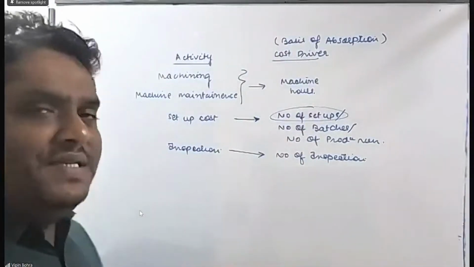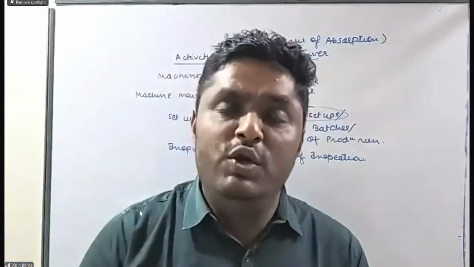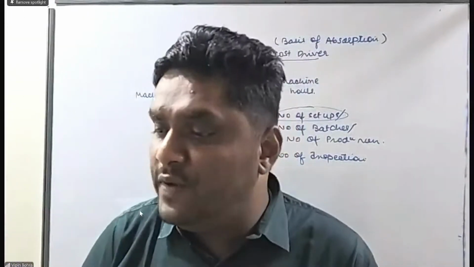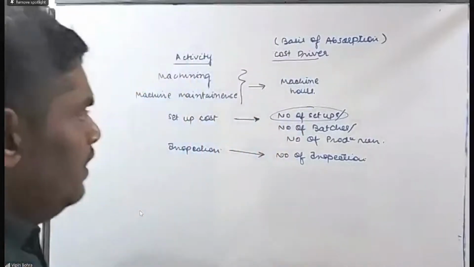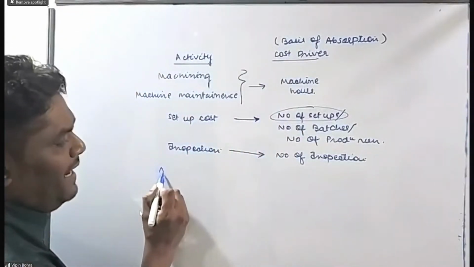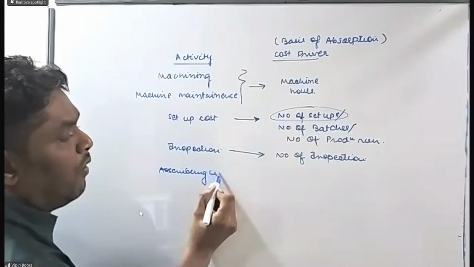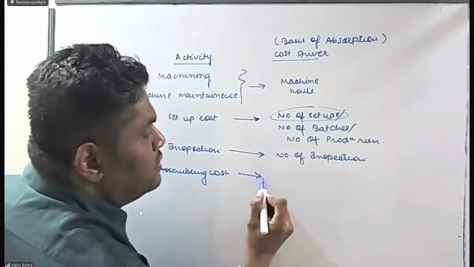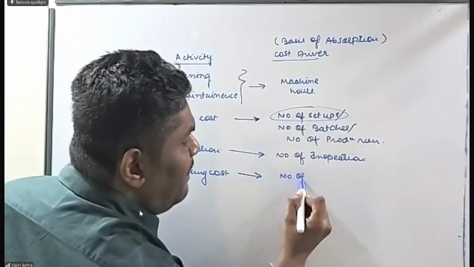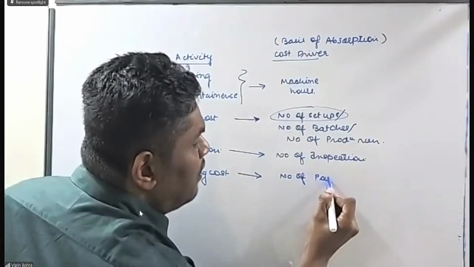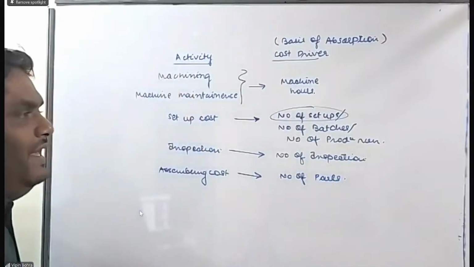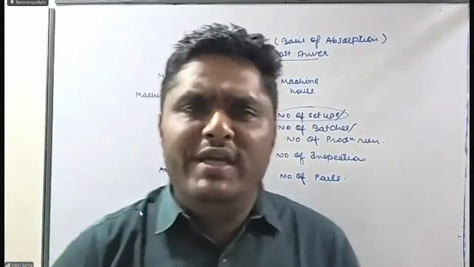So it can be on the basis of the number of purchase orders also. You have to identify the basis of absorption. Then assembling cost can be an activity, so the basis of absorption can be the number of parts, etc. So these are a few examples.